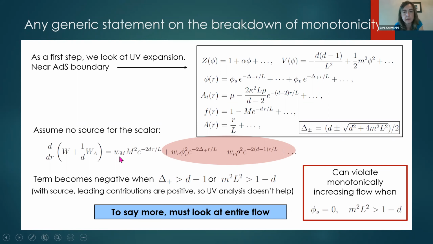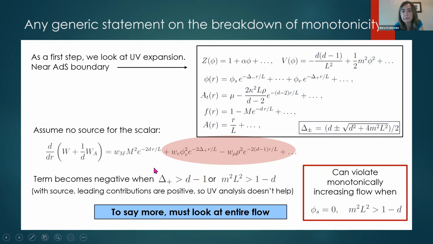Remember that we had identified that this function is positive. So this happens, so the radial flow of this combination becomes negative in a particular range of the scaling dimension.